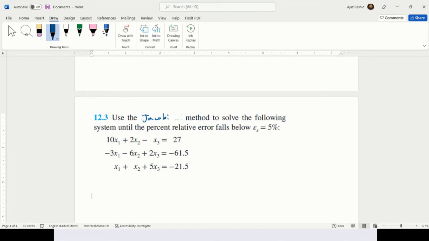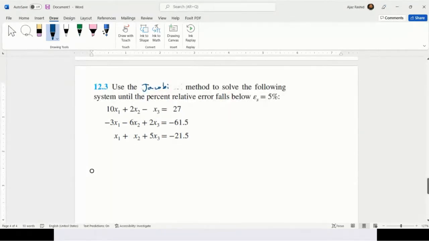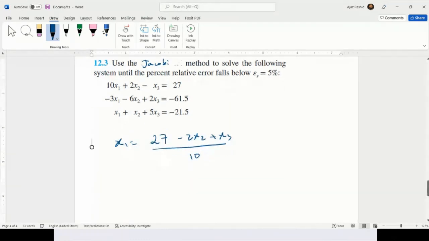Same procedure, rearrange the equations. X1 is 27 minus 2x2 plus x3 divided by 10. X2 is minus 61.5 plus 3x1 minus 2x3, please be careful, divided by minus 6.